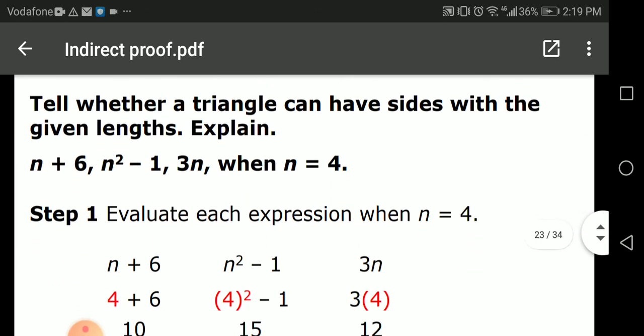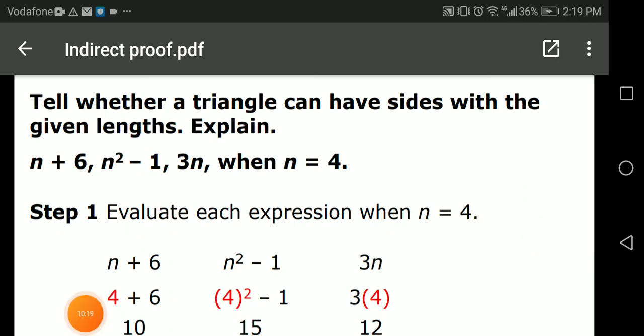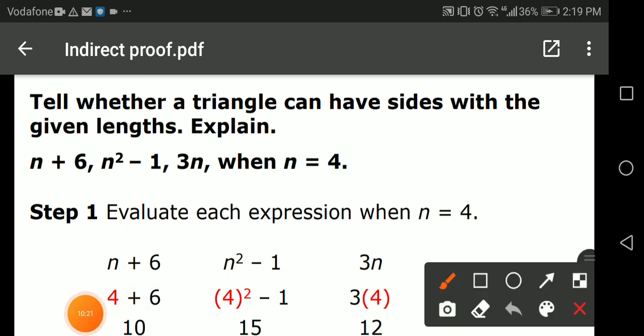Okay, we have here another kind of question that needs some calculations. So guys, concentrate on this one. Tell whether a triangle can have sides with the given lengths. Explain.